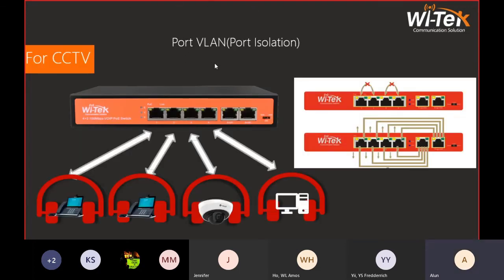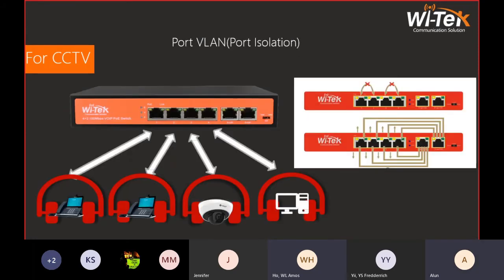And at VLAN mode, we actually call it the port VLAN function. It can also be called port isolation because at this mode, different PoE ports cannot send messages to each other, they can just send the data to the uplink port. So it will protect the different PoE port devices.